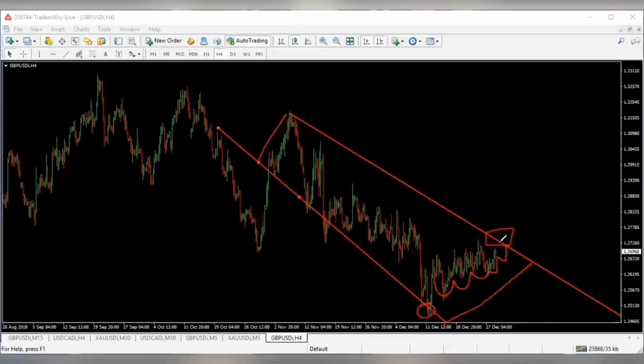Either price will break out on that time frame, H4 time frame, and continue the buy long term and reverse the trend overall, or price will only test resistance zone and continue going back down on a sell.